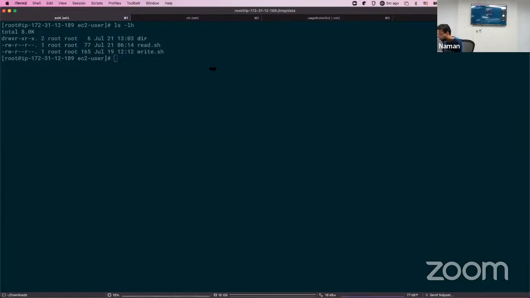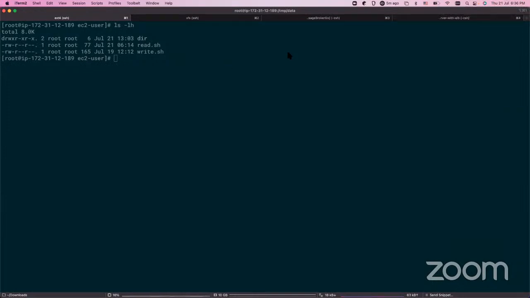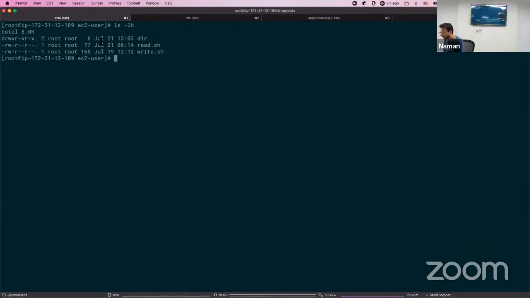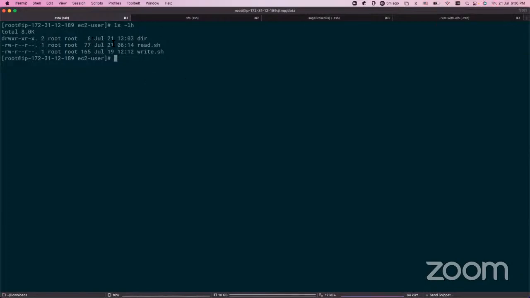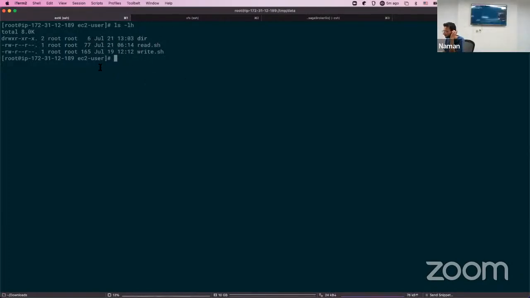Someone on the chat said it's file size, and that's actually correct. If the size of the file is larger than a few blocks, then it's shown in MBs if you provide an H with it. Otherwise, it's shown in kilobytes.